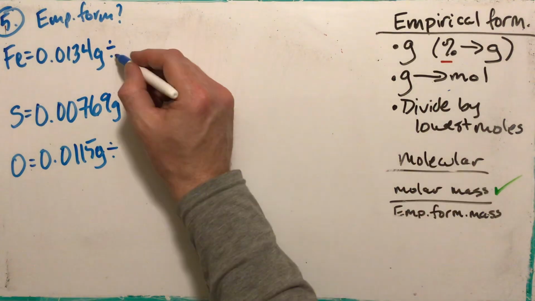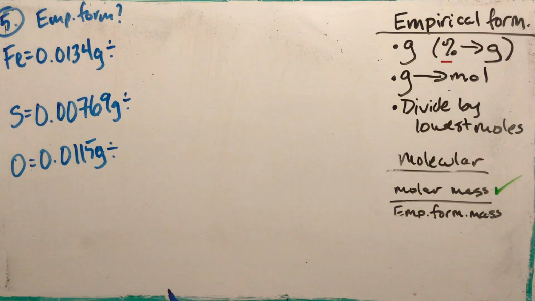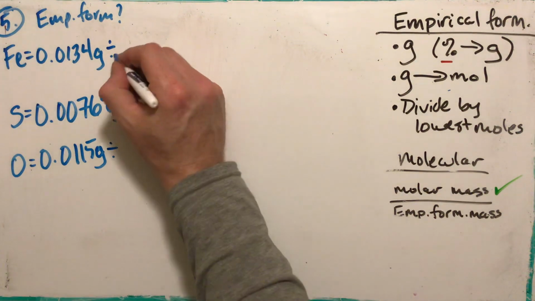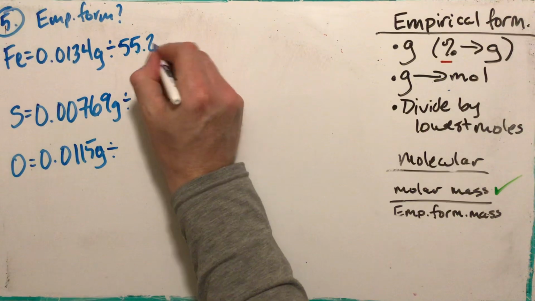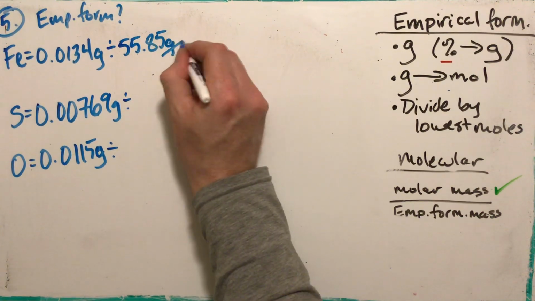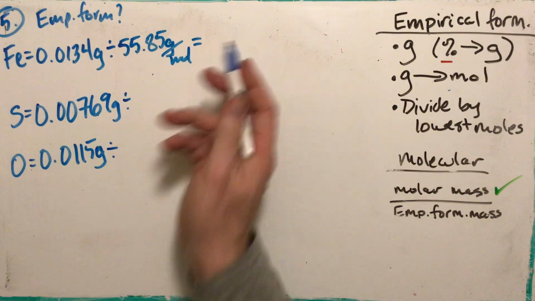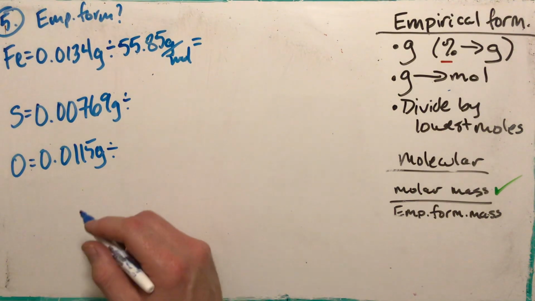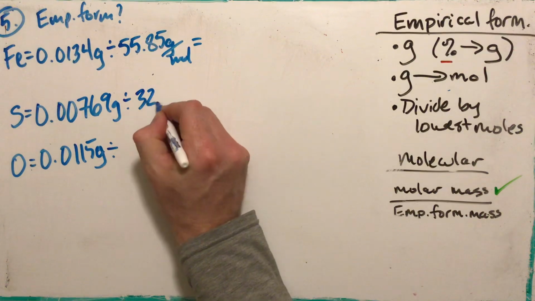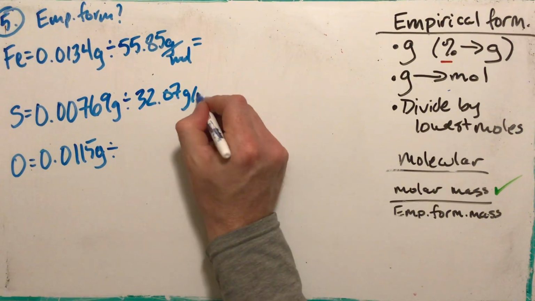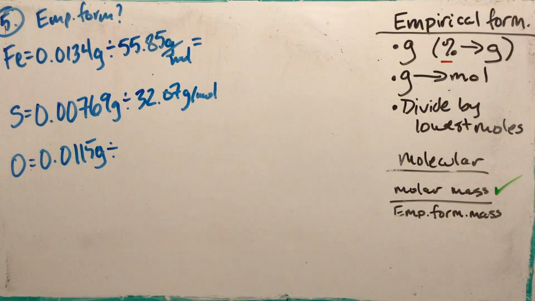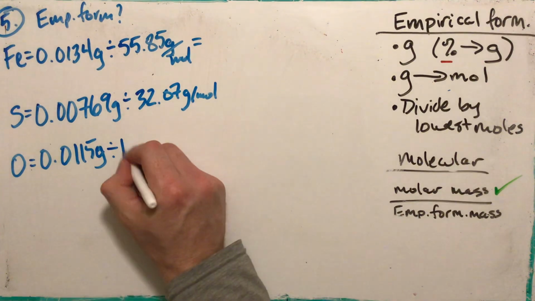Change my grams into moles, which means I divide by the molar masses off the periodic table. So I got my periodic table beside me here. Iron is 55.85. Remember, molar mass, this grams per mole, is the same as the average atomic mass on the periodic table. Sulfur, 32.07 grams per mole. And oxygen is 16.